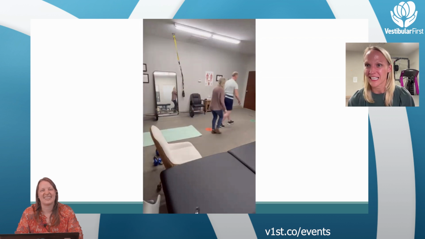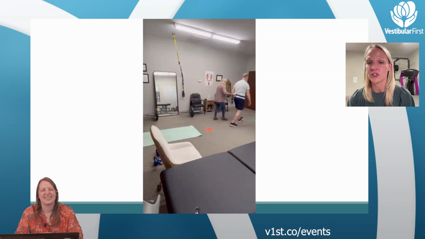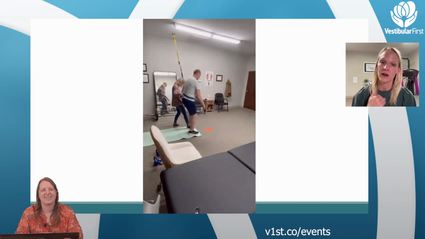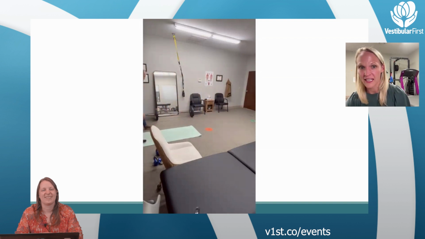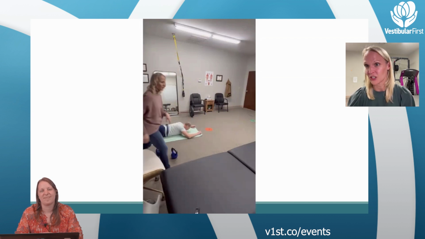And again, we talked about getting on the floor. So here is just up, downs, getting forward, backwards, walking in. He's trying to go fast, so you're pushing speed, and then back all the way down to the ground again. I think floor transfers are functionally very important, but they're also great for the vestibular system, transitioning from high to low like that.